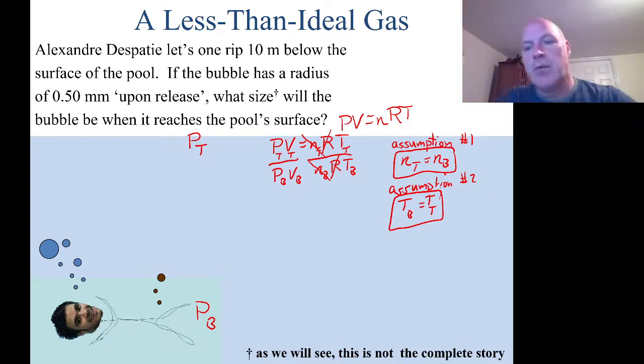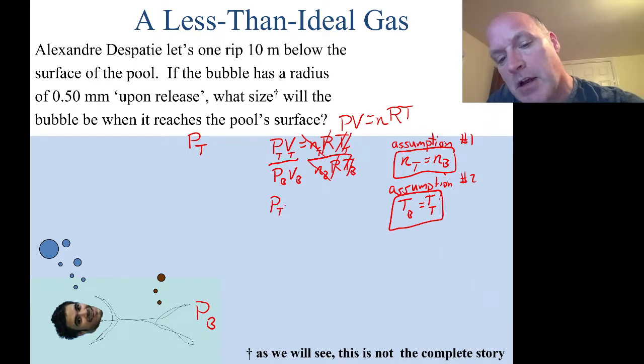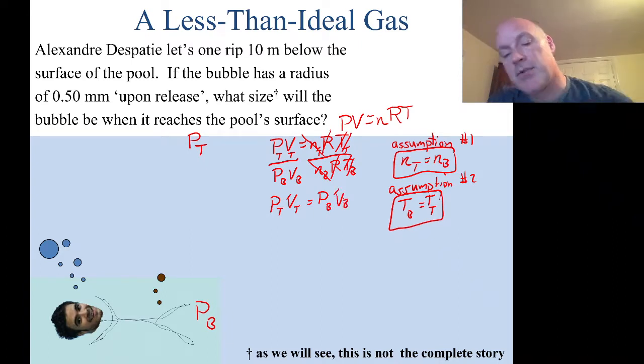And so once we write that down, we can also cancel those two temperatures. So we rewrite the equation: P top V top is equal to P bottom V bottom. Why did I do that? We're trying to solve for the volume, or the radius at the top, the size of the bubble at the top. So we need the volume at the top.